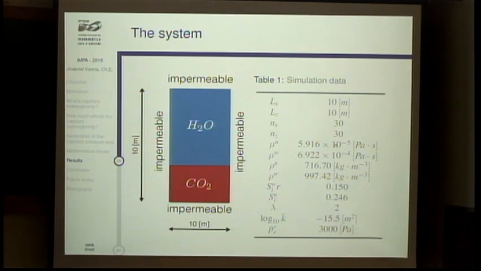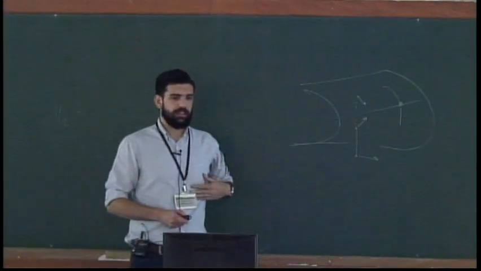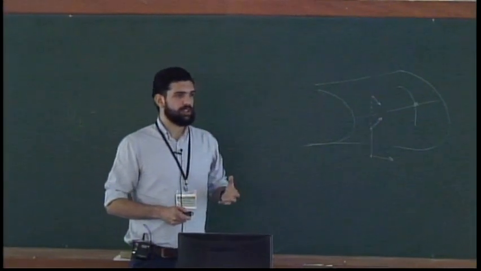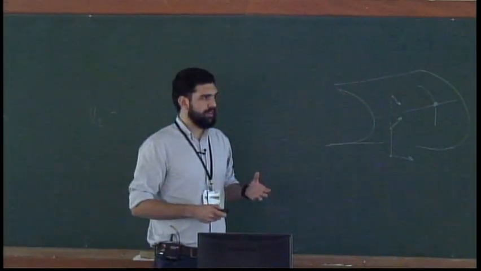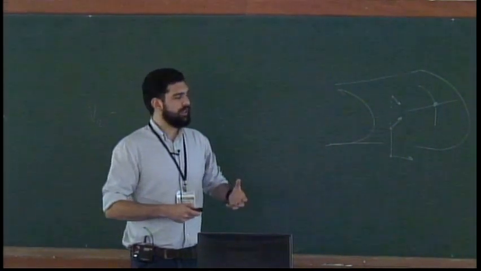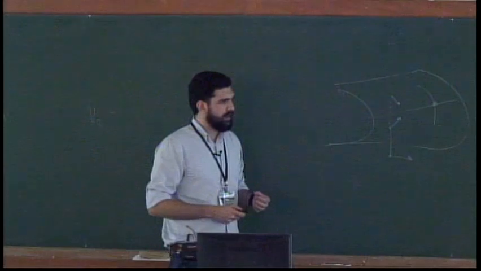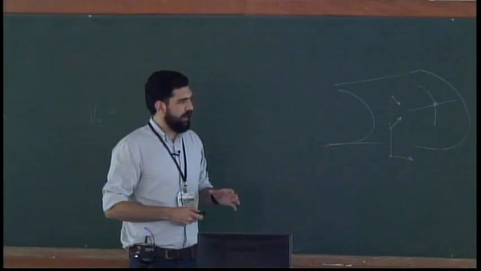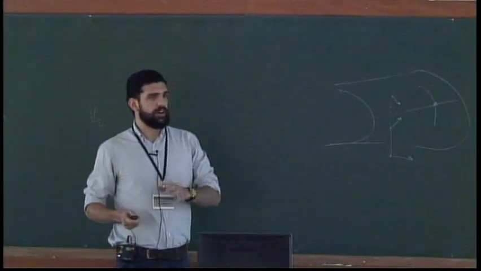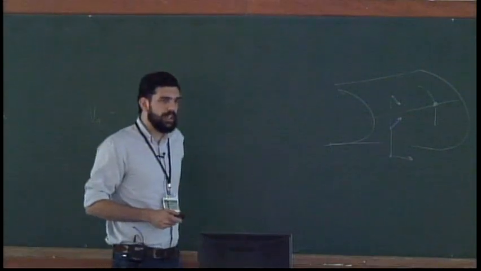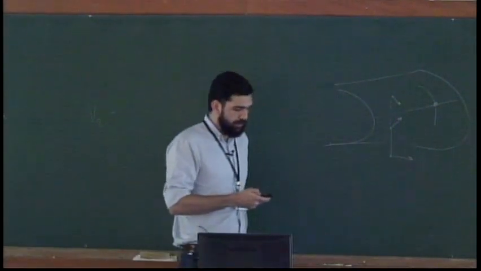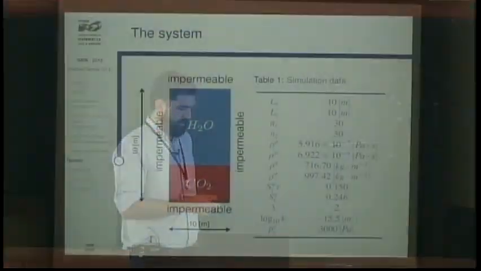The results are quite interesting because we expected that the low conductivity structures with high entry pressure would somehow act as a barrier to the CO2, but we ended up with a different result.